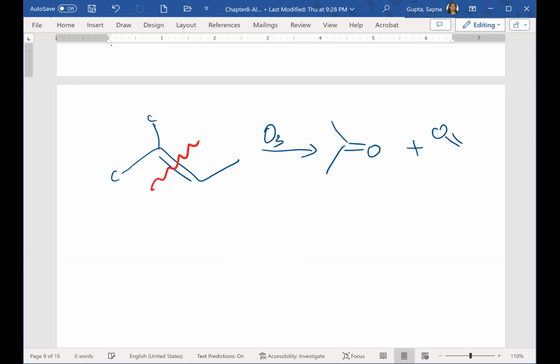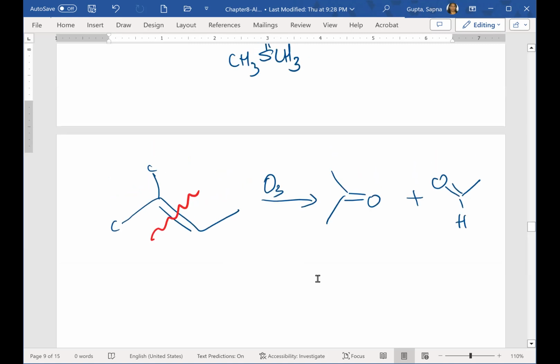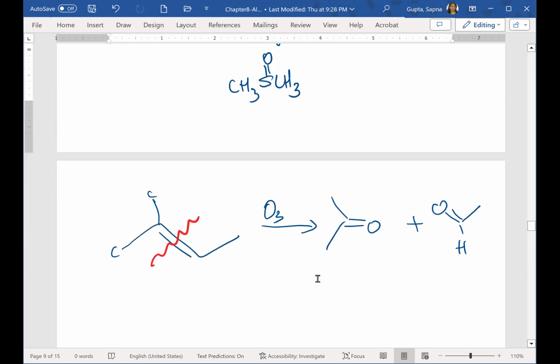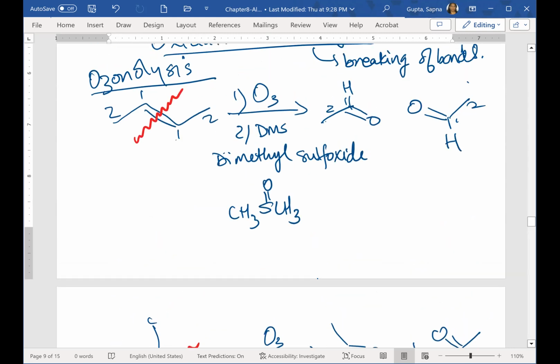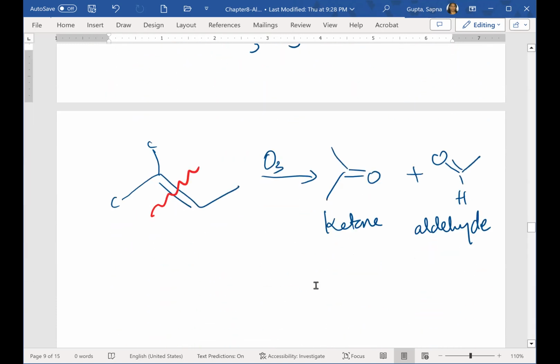I'm going to put words because you know what functional group that is. This is a ketone. This is an aldehyde. In the previous one, we got both aldehydes. So depending on your starting material, you can get a ketone or you can get an aldehyde.